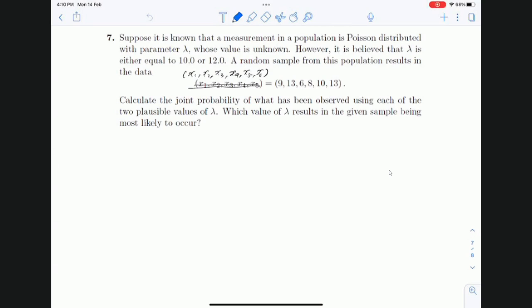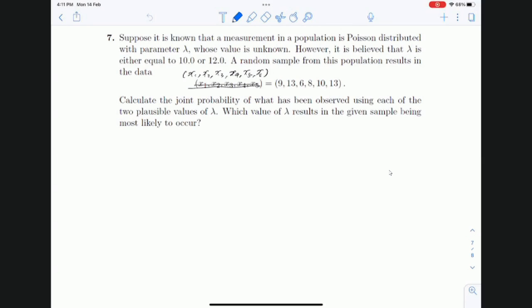There are 6 numbers here, and therefore the sample size should be 6. So there's a typo here: S1, S2, S3, S4, S5, actually there should be S6. So we have a sample of size 6 and observe the sample. And we are asked to calculate the joint probability of what has been observed using each of the 2 possible values of lambda.